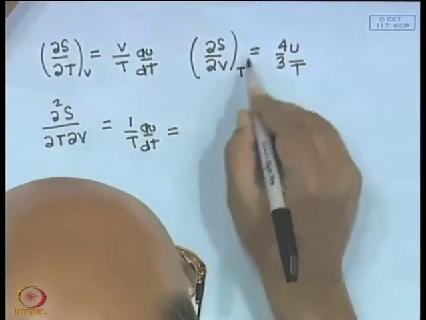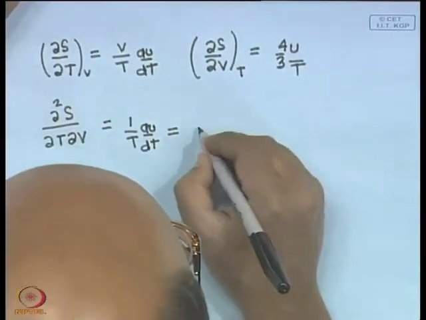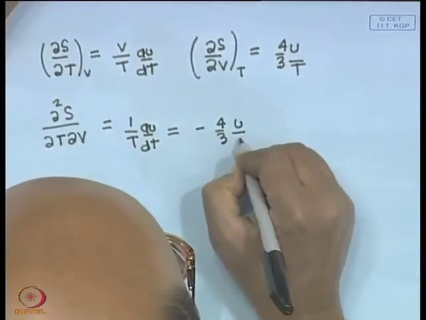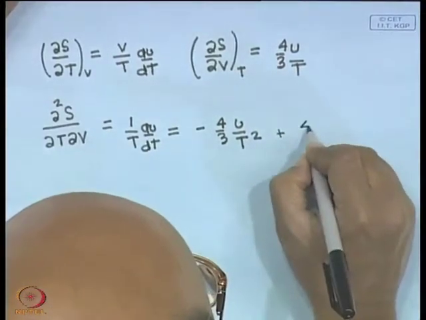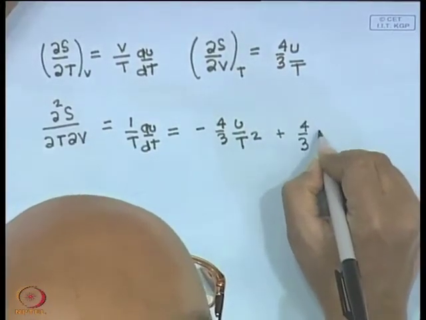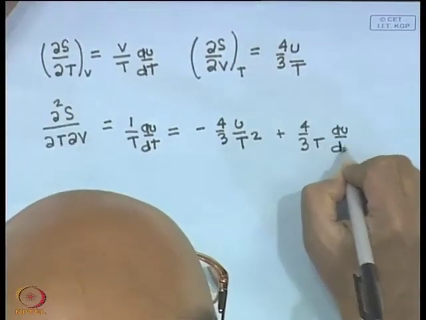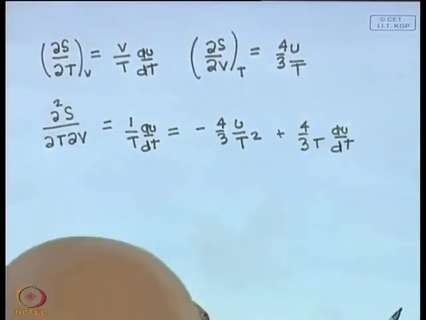And what we have if I differentiate this with respect to temperature is minus 4/3 u by t square plus 4/3 1 by t du dt. Okay.